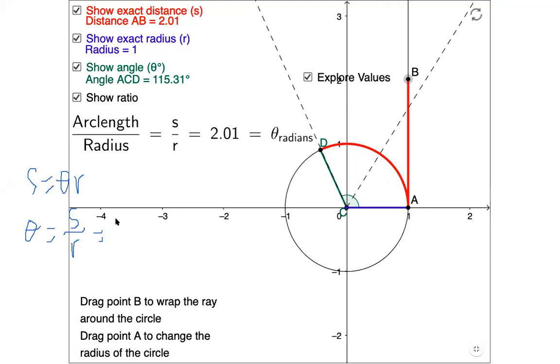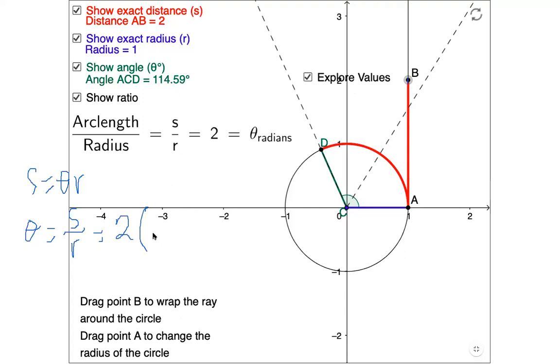Eto ay, anong angle measure to? Eto daw ay 2 radians. Hindi sakto, may 2.01. But anyway, let's say it's, sige, sakto natin. Ay, naka-annotate pala. Ayun, 2 radians. Okay, so ang 2 radians, guys, is equal to 114.59 degrees daw.